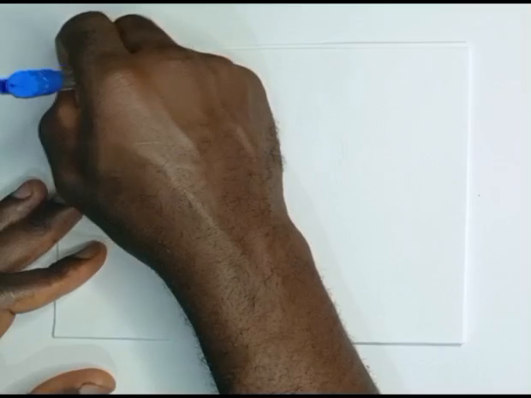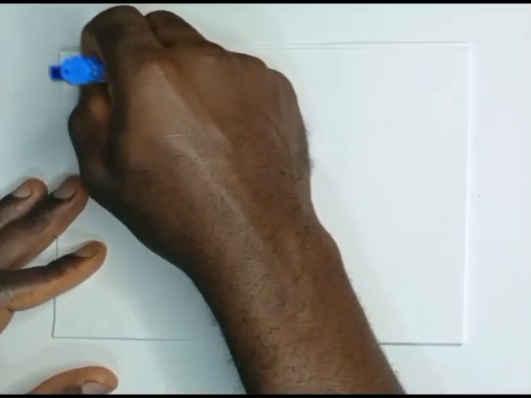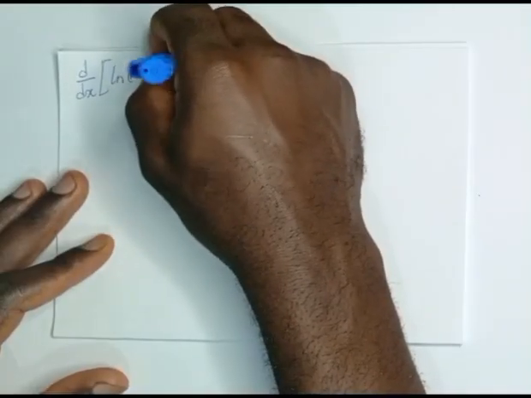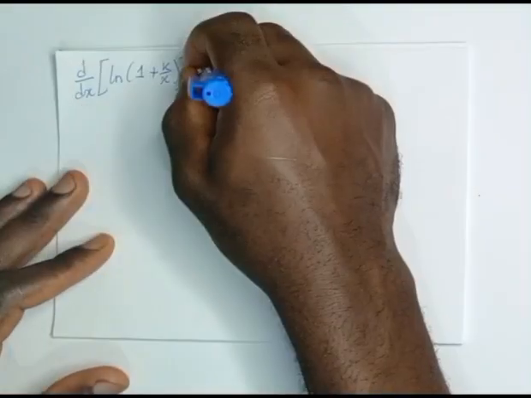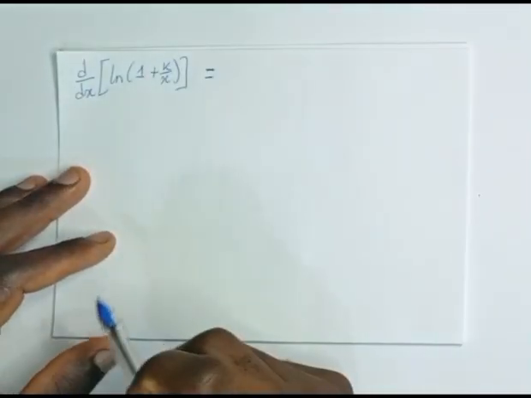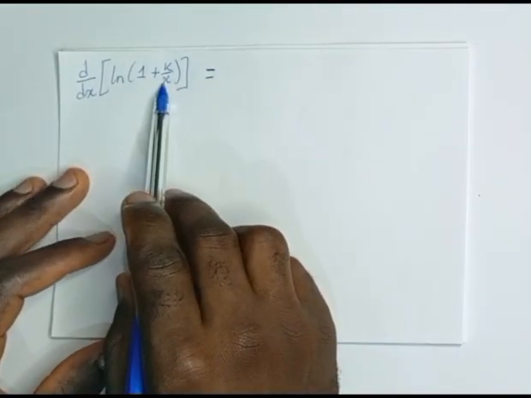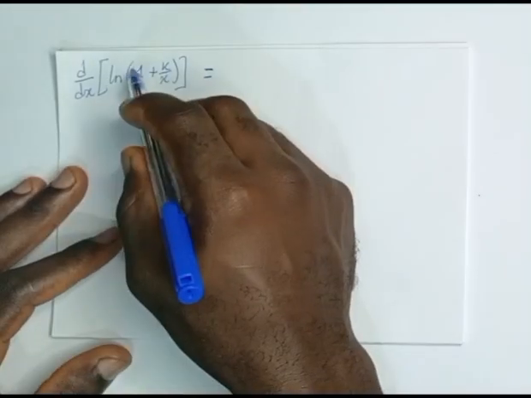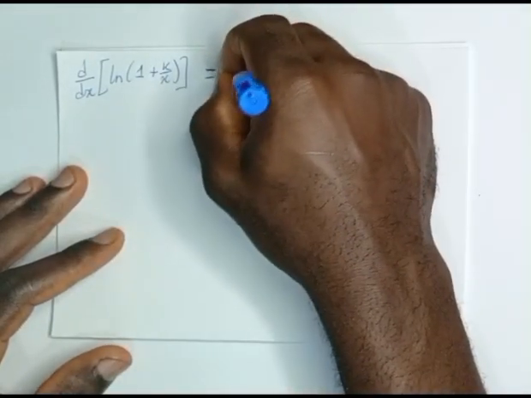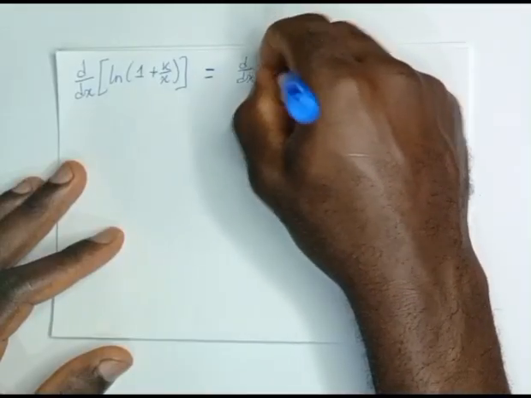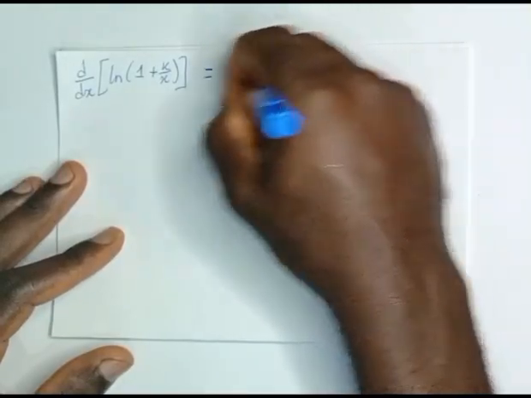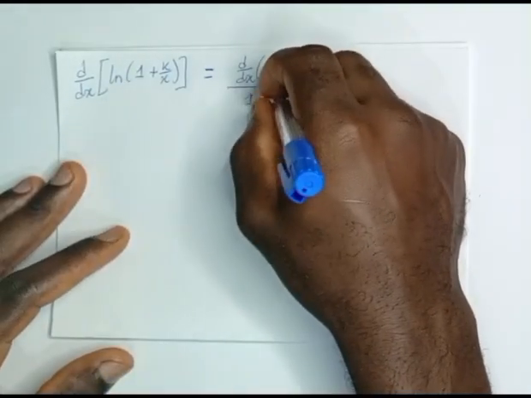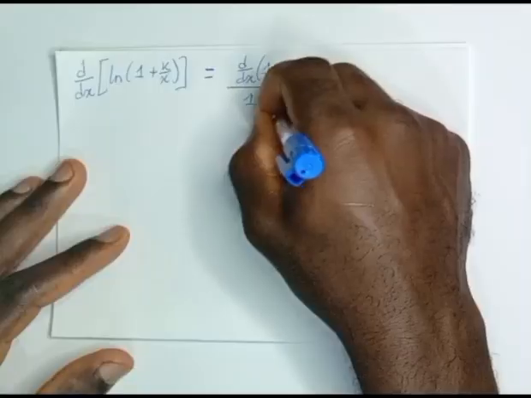First, we have to differentiate the ln of (1 plus k over x) with respect to x. We are differentiating a logarithmic function, and the derivative of this function will simply be equal to the derivative of what we have in brackets with respect to x, all over what we have in this bracket, which is 1 plus k over x.